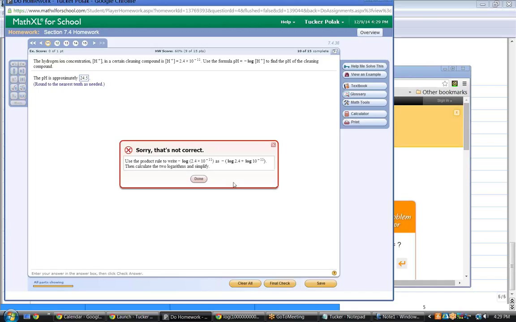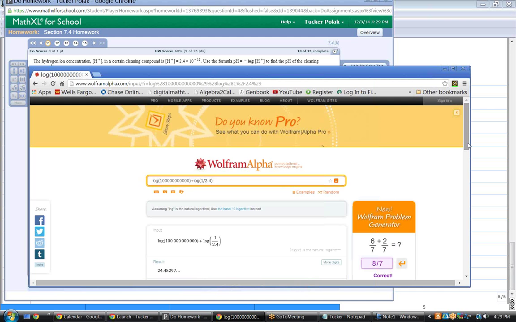No. No, it acts like it wants me to find these two logs all by themselves and then apply the negative sign to those numbers. So let's do it that way. I can't understand why that would give us a different answer.